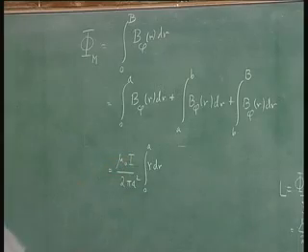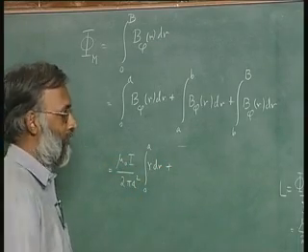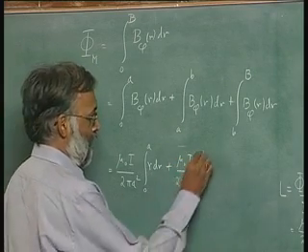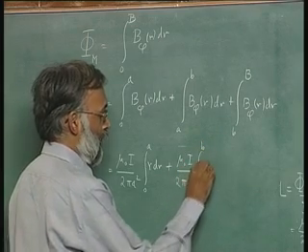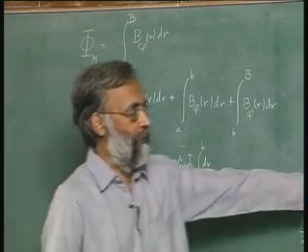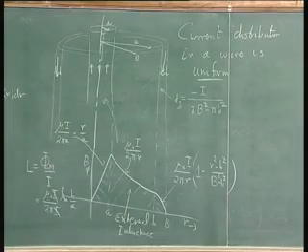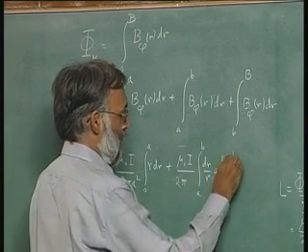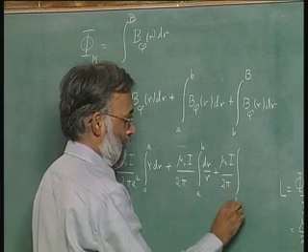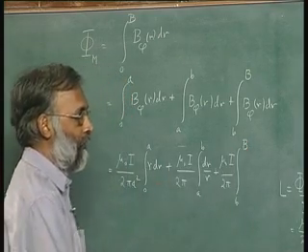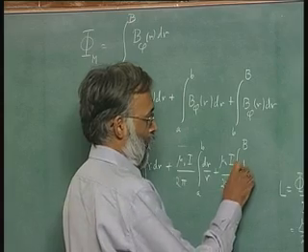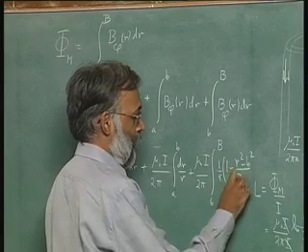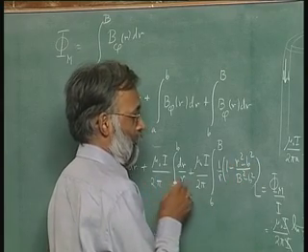So, the a squared is here and r is in the integral, plus mu naught I over 2 pi integral a to b of dr over r, that is this piece, 1 over r dr. And the third term, which is plus mu naught I over 2 pi integral b to capital B of 1 over r times (1 minus r squared minus small b squared over capital B squared minus small b squared) dr.